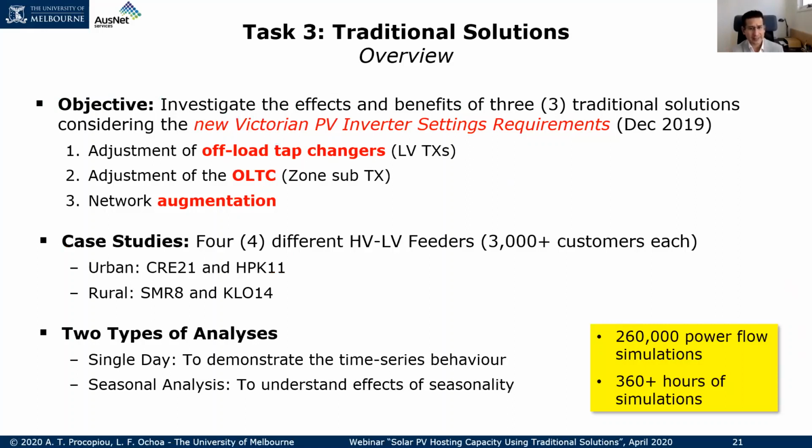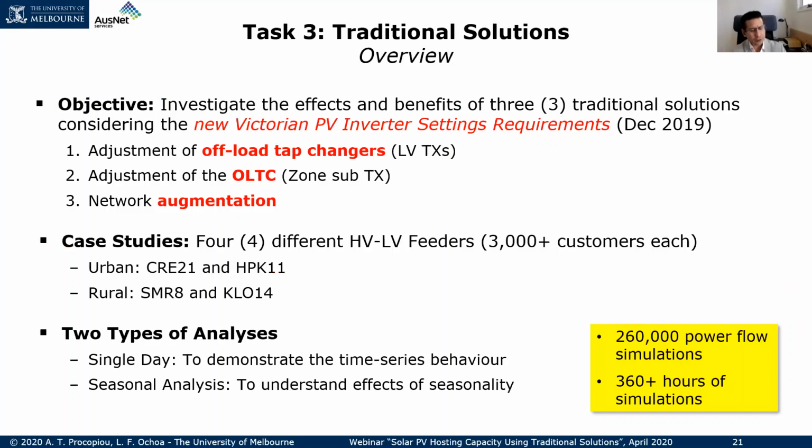However, before I get into those particular solutions, the context here was that we were using, and we are using, for all our simulations, the new Victorian PV inverter settings that started to be required from December last year. Now, this is very important because these are quite interesting settings that all inverters are capable of following, and they bring interesting benefits that we're going to discuss in the next slides.